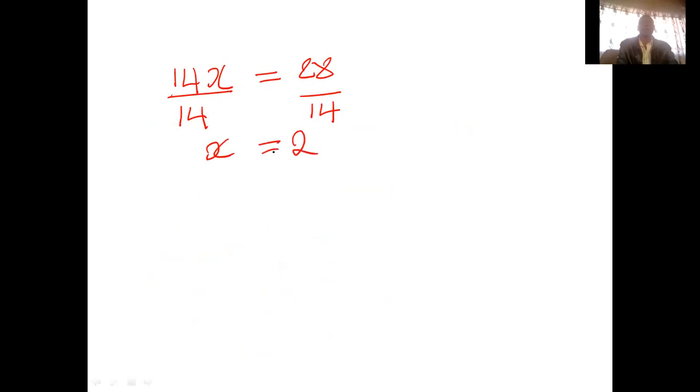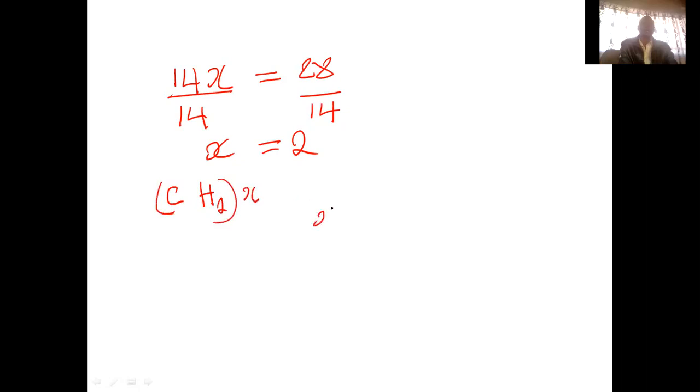And therefore now we can divide by this factor, 14 here and 14 there. Therefore, our x will be equal to 2. Therefore, our molecular formula would be the empirical formula multiplied by our factor x.